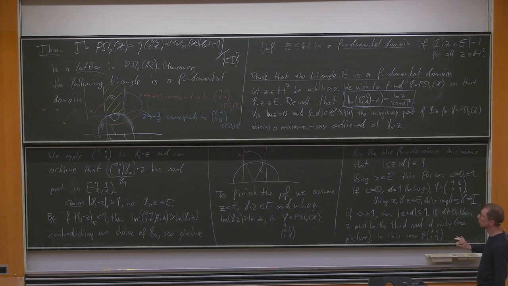We are anyway already just talking about this one point. Gamma is AB, A minus B is 1.